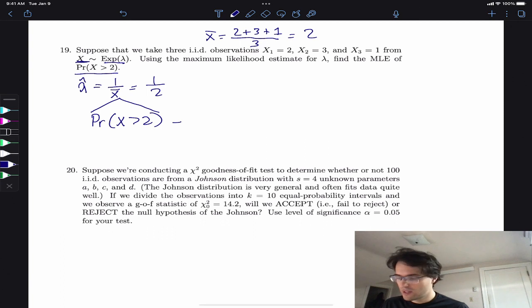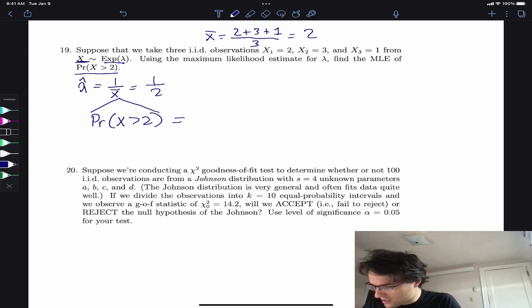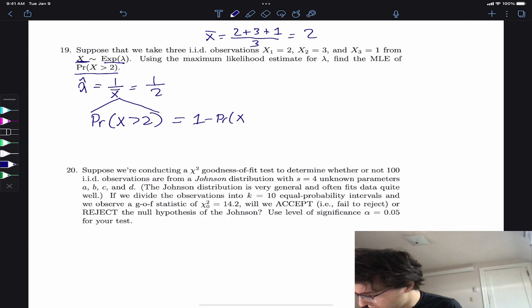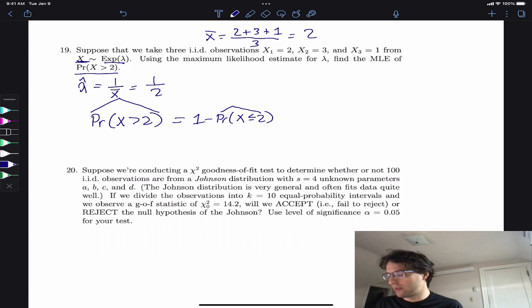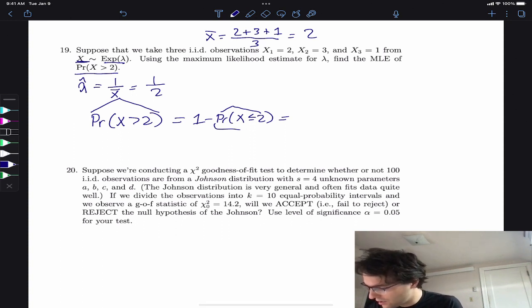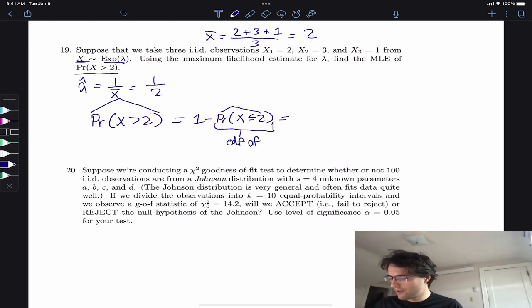What we can do is say this is the same thing as 1 minus the probability that x is less than or equal to 2, hat. So this is still the maximum likelihood estimate of that. I just switched the way the inequality went. And then we can recall that this is just the CDF of an exponential random variable.